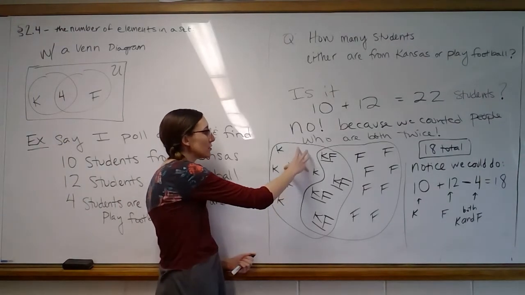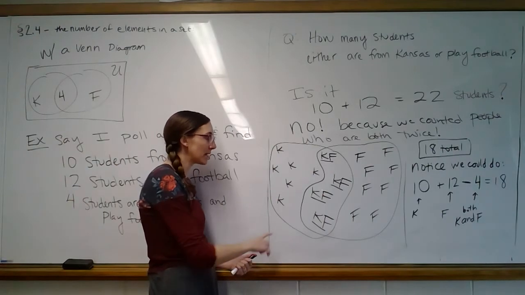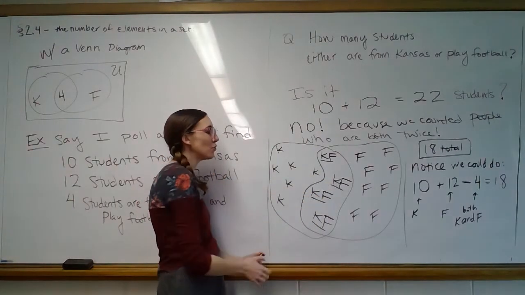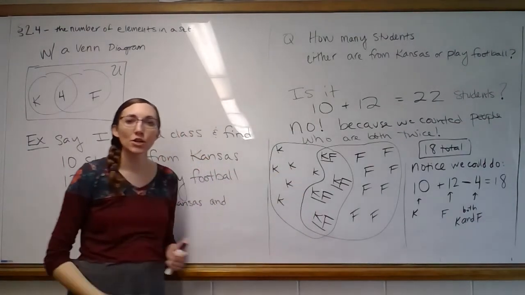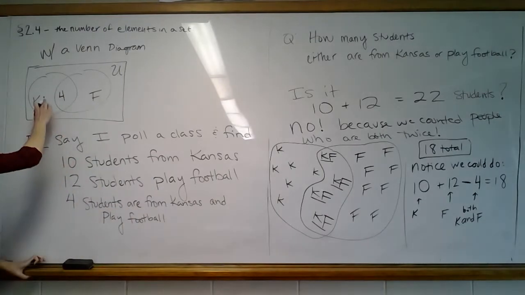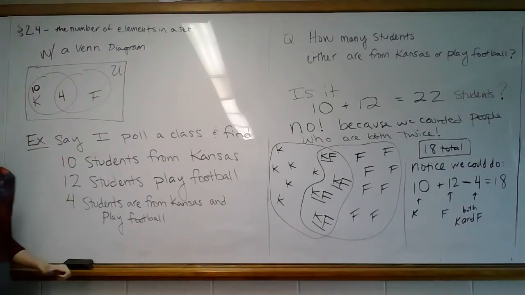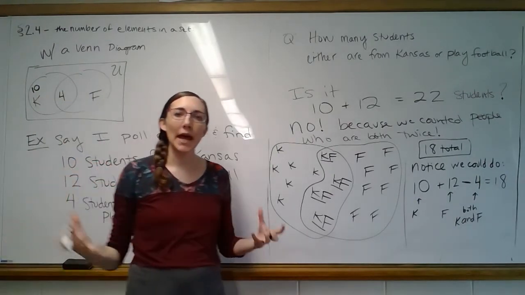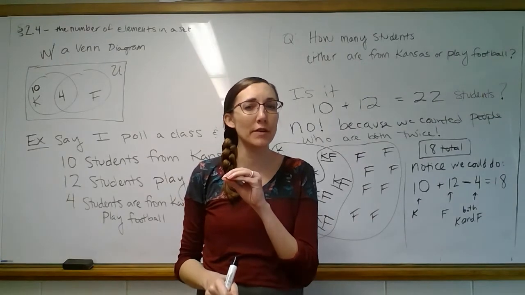But notice that includes these people who were only from Kansas and are not football players, and the people who were Kansas football players. The total of the whole circle is 10. So what that means is when I come over here to my Venn diagram, in this region, I don't want a 10 here because really 10 should be the total of the full circle, and that's only one portion of the circle.